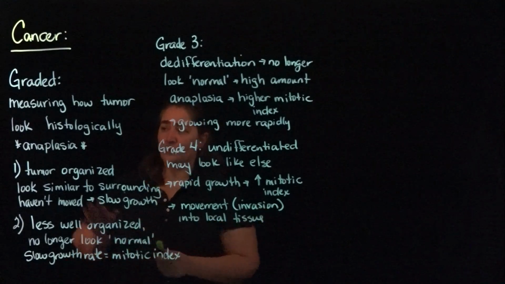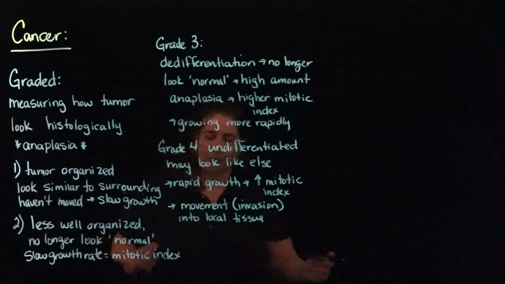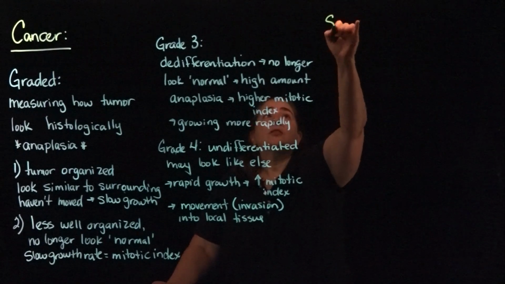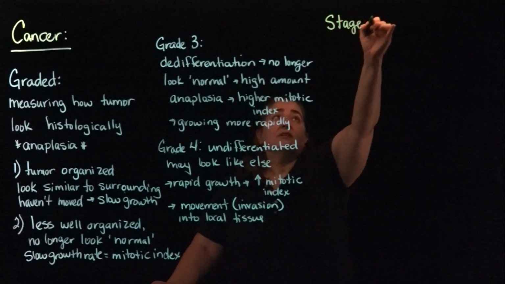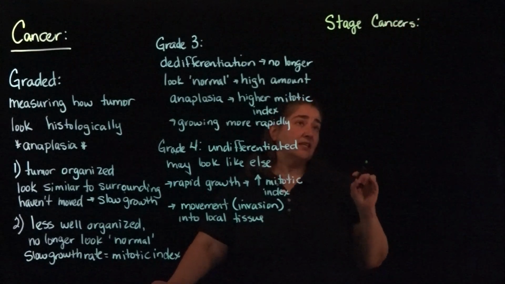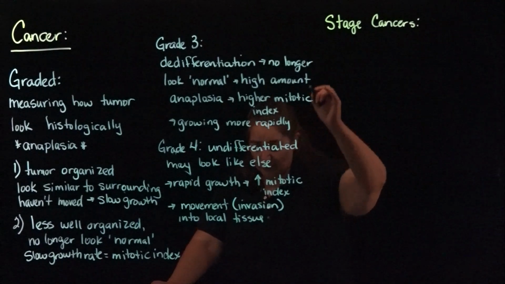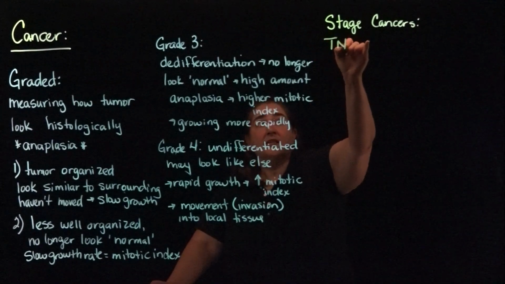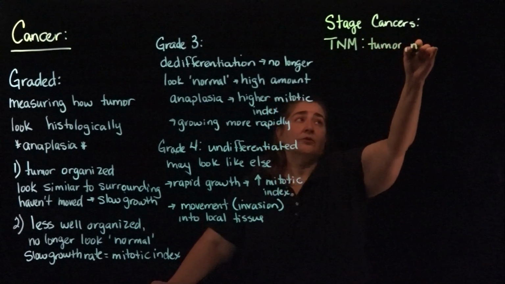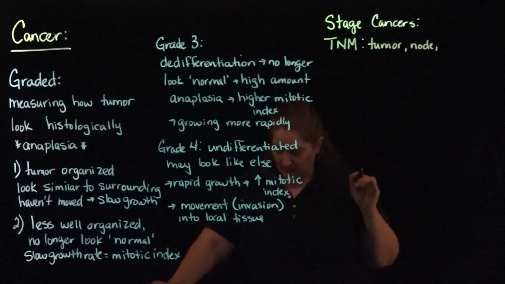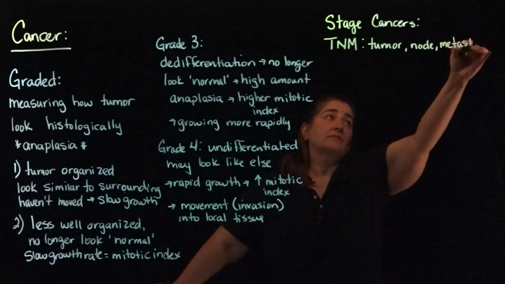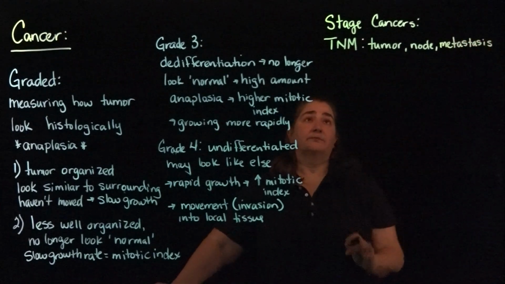So with the grading, we're looking at it histologically. We're looking at how mean the cancer cells are. We can also stage cancers. All right? That staging of cancers is known as the TNM for tumor, node, and metastasis levels.